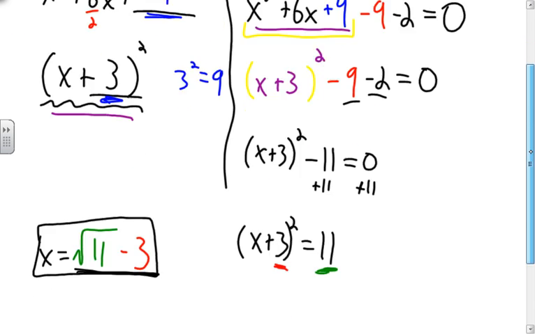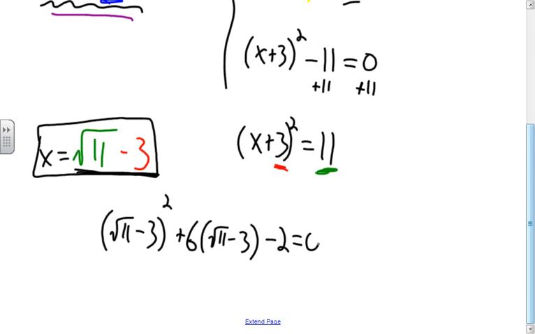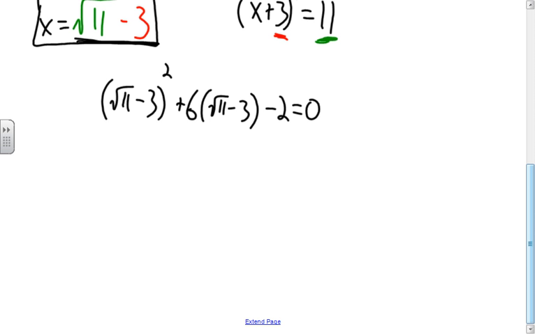So if we wanted to do that, that would look something like square root of 11 minus 3 squared plus 6 square root of 11 minus 3 minus 2 equals 0. Extend that.